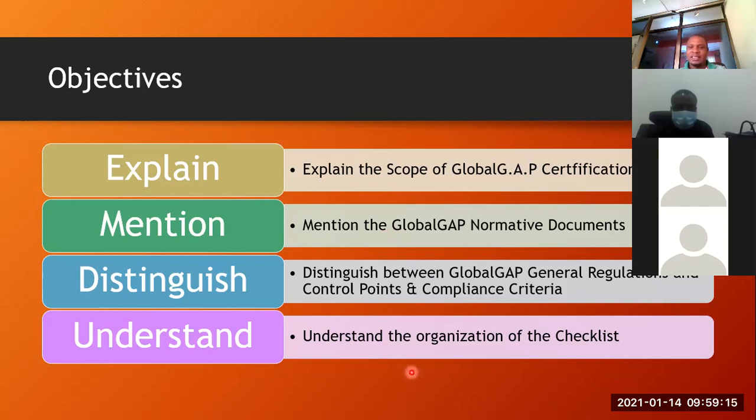And then finally, you should understand how the checklist is organized. I know by now you have had the opportunity to look at the checklist, but we will still look at the organization just in case there are some things that need clarity. Okay, so that will be our objectives for the day.